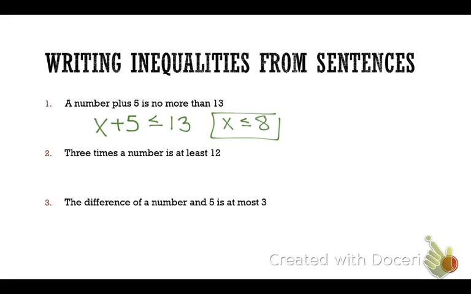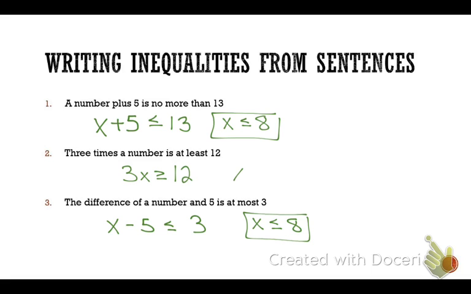All right, 3 times the number is at least 12. Trey, what did you write for that statement? 3x is less than 12. Less than or equal to 12. Oh, I forgot, I skipped down to number 3. Number 3, say it with me: x minus 5 is less than or equal to 3.